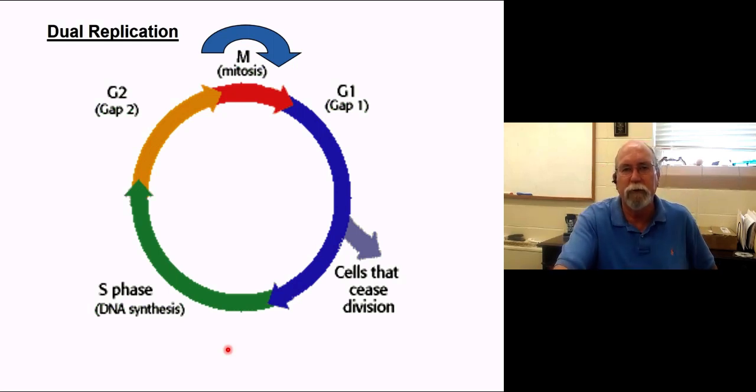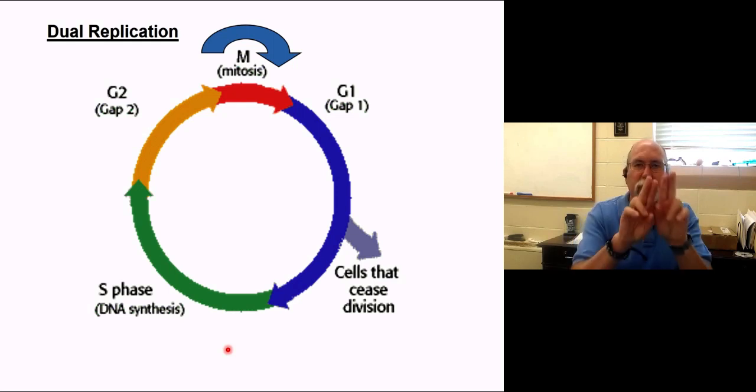You get up through G2, and for whatever reason, it bypasses mitosis. Now, it can't go backwards. It can't undo these chromatids. It keeps going this way, which means essentially you go into G1 again, and by that point everything's doubled. And to get back to mitosis, it doesn't skip replication. It goes through replication, which means now you've got 4 of all these things, and you end up with multiples. It's called dual replication.